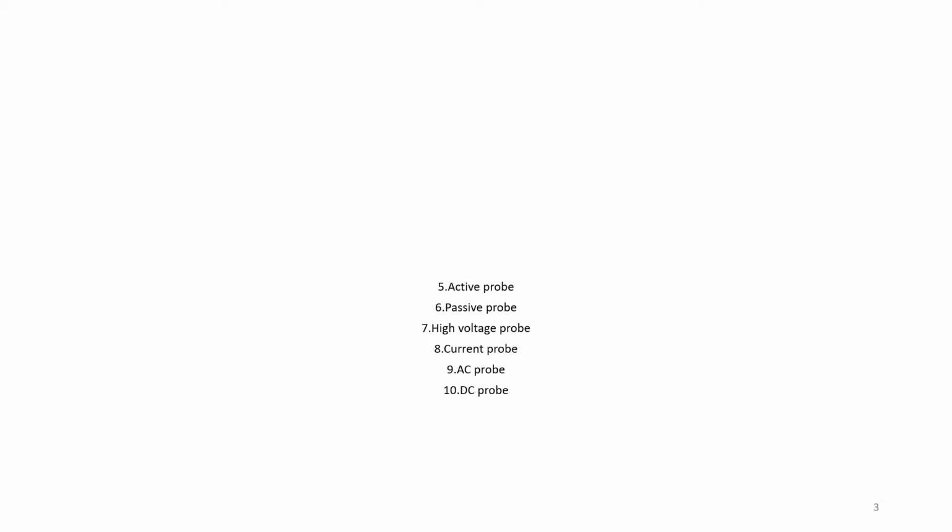These extra connections allow the probe to inform the oscilloscope of its attenuation factor, ×10, ×100, or others. The oscilloscope then adjusts its user displays to automatically take into account the attenuation and other factors caused by the probe. These extra pins can also be used to supply power to active probes.